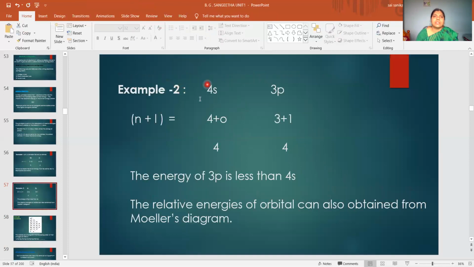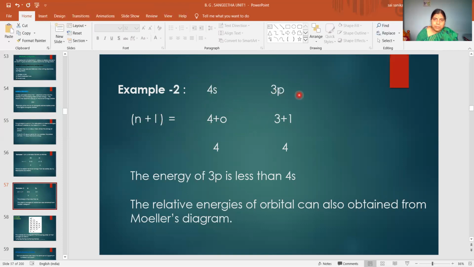Example 2, 4s and 3p orbital. N plus L value. Here n is 4, s is 0. L equal to 0 means s orbital. Then here n is equal to 3. The digit indicates n and the letter indicates L. Here L is 1.